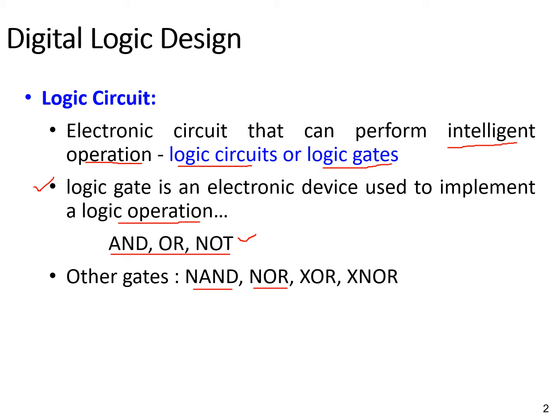The same is the case for other gates like XOR, which is also called exclusive OR, or exclusive NOR. This exclusive OR or exclusive NOR gate has all three fundamental gate operations, meaning AND operation, OR operation, and NOT operation. It will become clear to you as we go forward in this course.